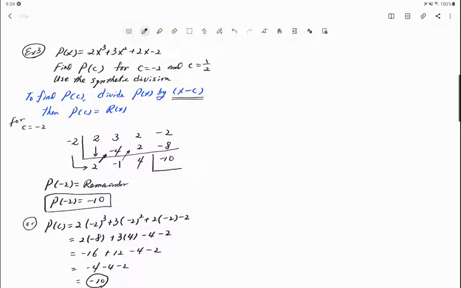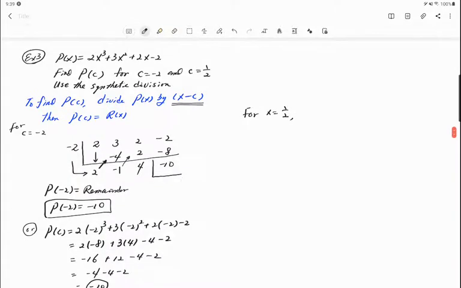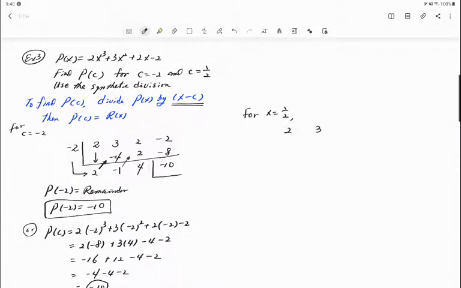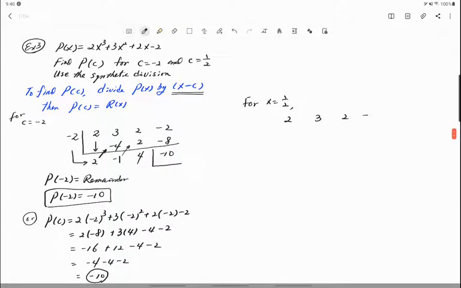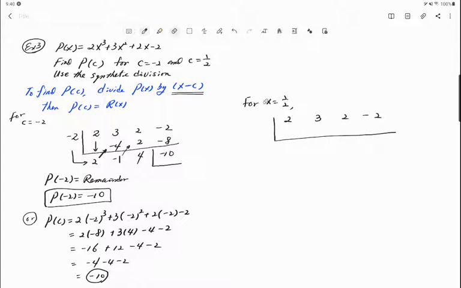All right, then for x equals 1/2, let's find the remainder. Write down only the coefficients: 2, 3, 2, negative 1, negative 2. Now c is 1/2, so use 1/2. Bring the first coefficient down, and then multiply these two. That will be 1. Add it, 4, then multiply, that is 2.